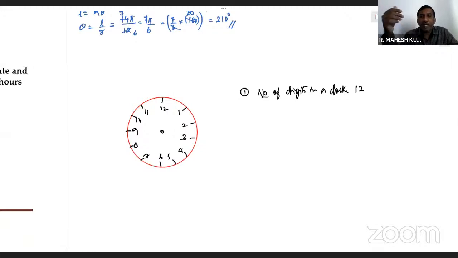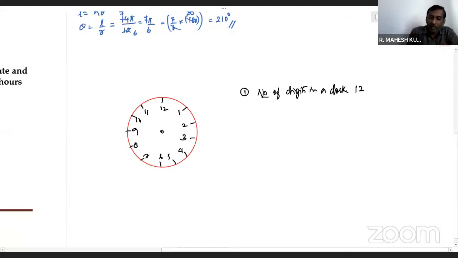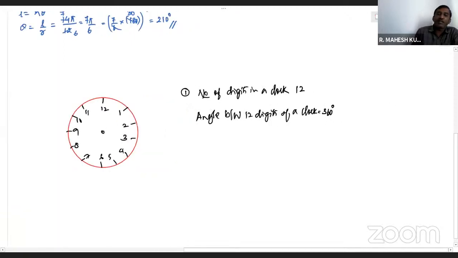You know what is the angle contained in one circle? In one circle, it is going to contain 360 degrees, right? So therefore, I can write angle between 12 digits of a clock is equal to 360 degrees. This is the angle between 12 digits.